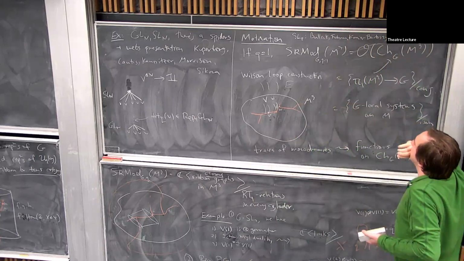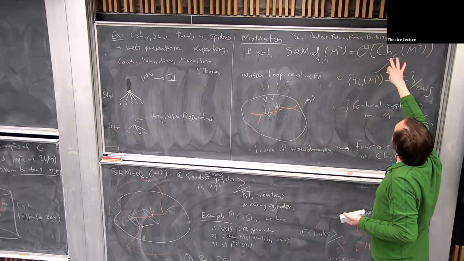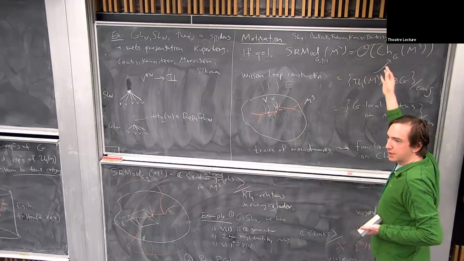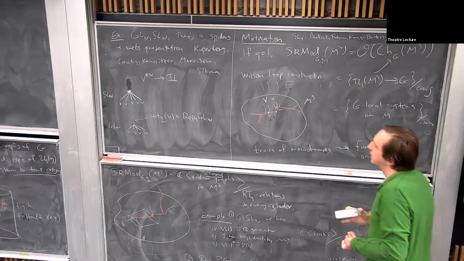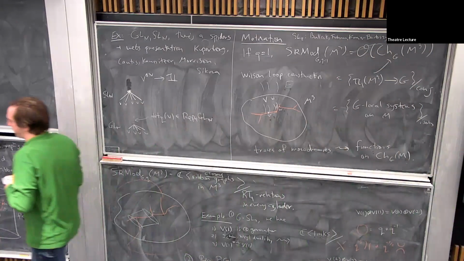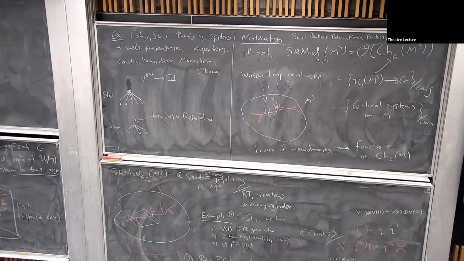My understanding is that for a general group G, this is folklore. I can't give you a reference. Are there generalizations to include punctures and boundary components? Yes. Let me talk about what you do with boundaries now.